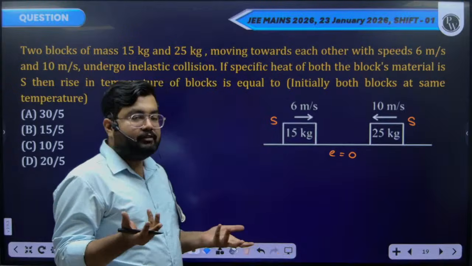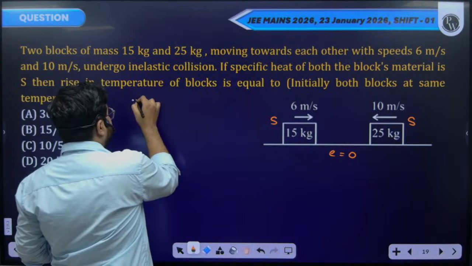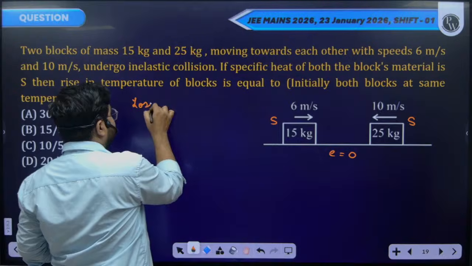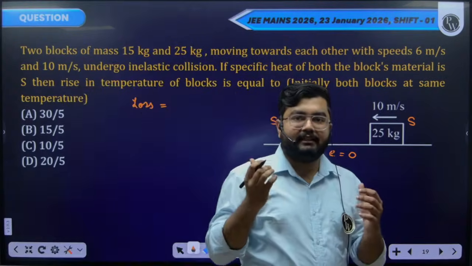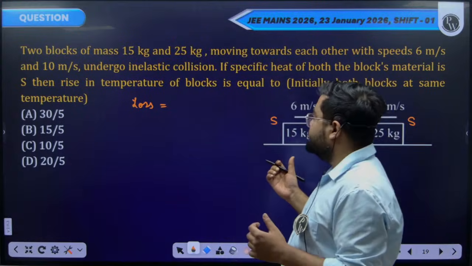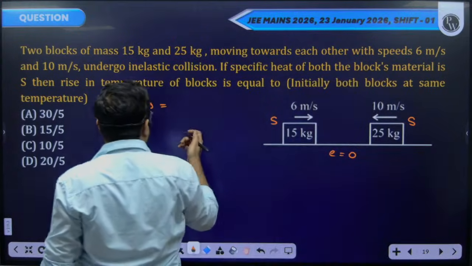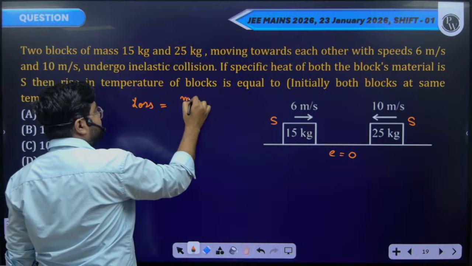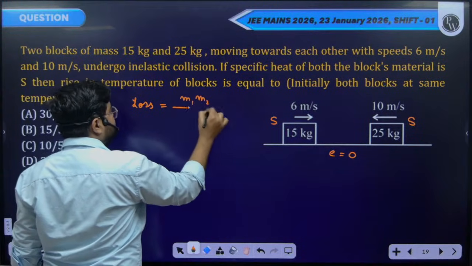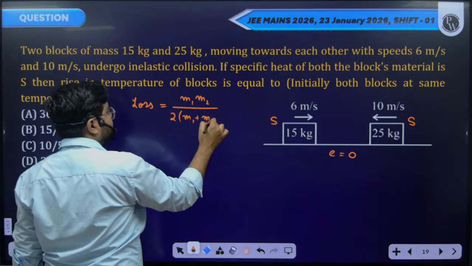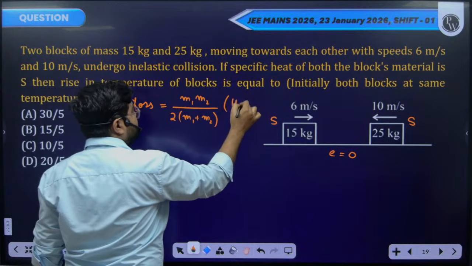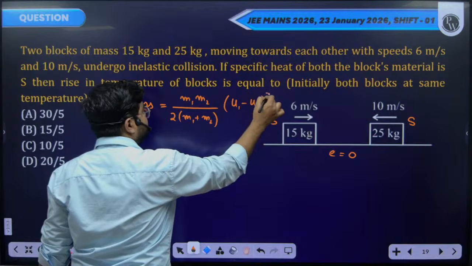So we have to calculate the loss of energy, and that loss goes into raising the temperature of the blocks. There is a very beautiful formula for the loss of energy: m1 m2 by 2 times (m1 plus m2) times (u1 minus u2) whole square.